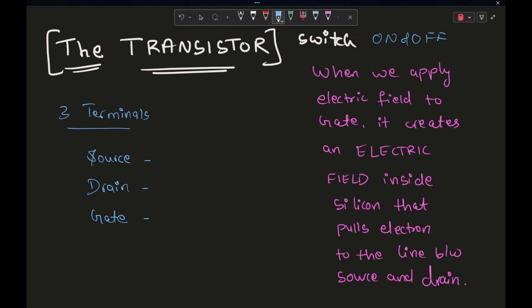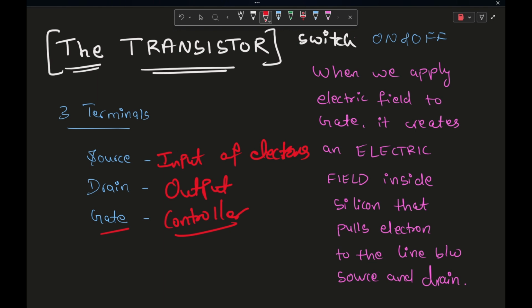Now those who came from a science background would know its basic architecture, but if you are not, then let's go. Source is an input of electrons to the transistor, drain is the output, and the gate is a controller.